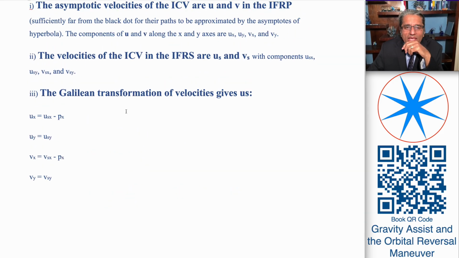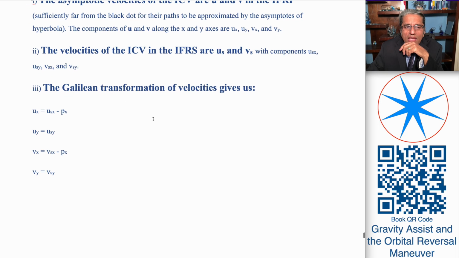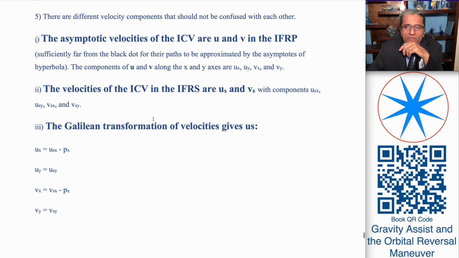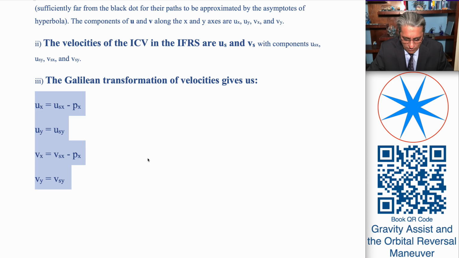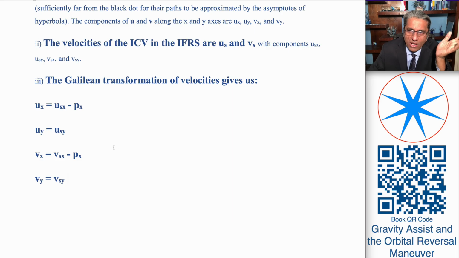Okay? Then what you do is you have your velocity of the spacecraft in the solar frame of reference, and then you want to change those to the planet frame of reference. And when you do that, these are the new velocities in the planet frame of reference.